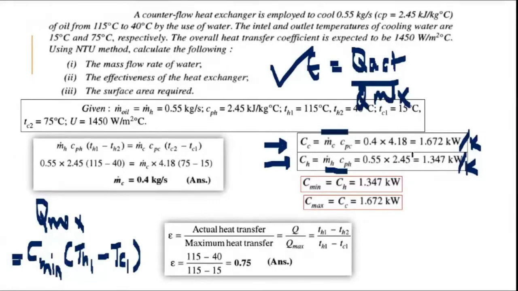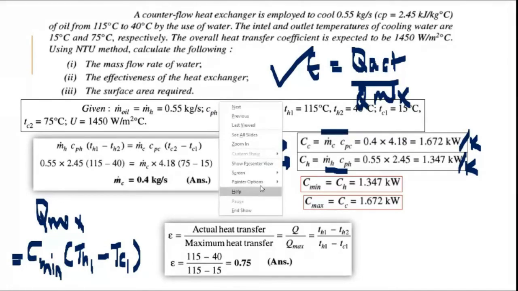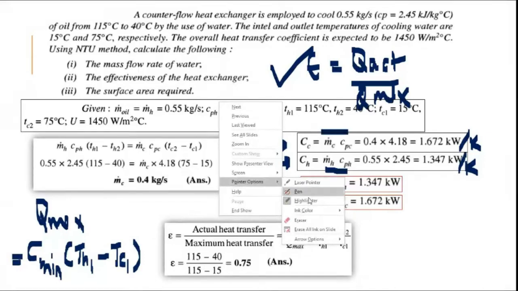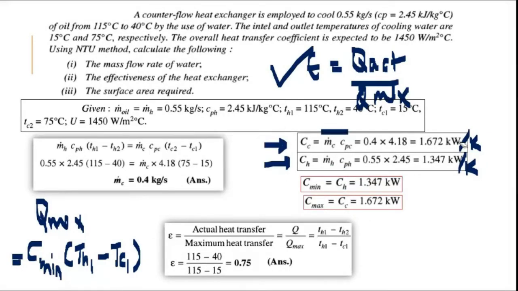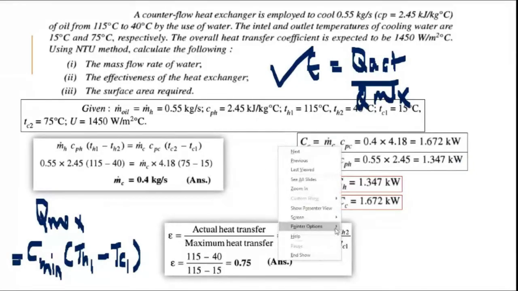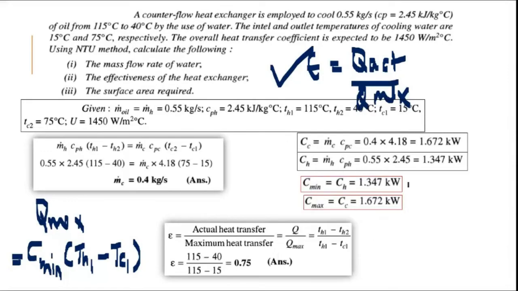What is the minimum among these two? 1.6 or 1.3? 1.3, sir. So for this case, C minimum is equal to 1.347 and C maximum is equal to 1.672. Any doubt till this part?